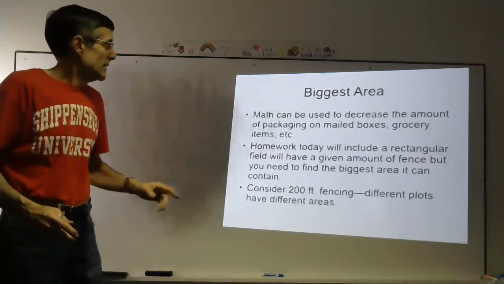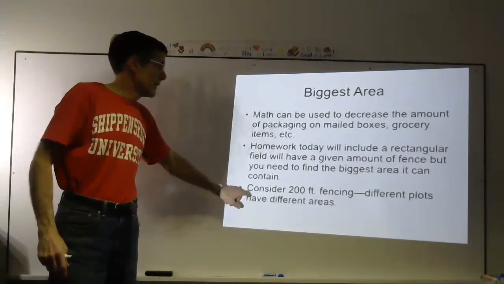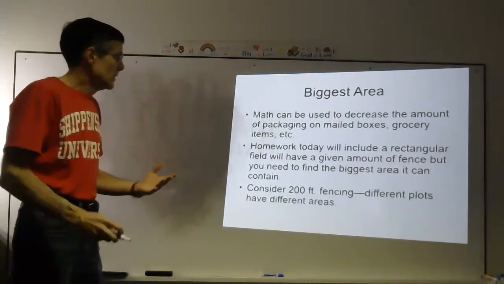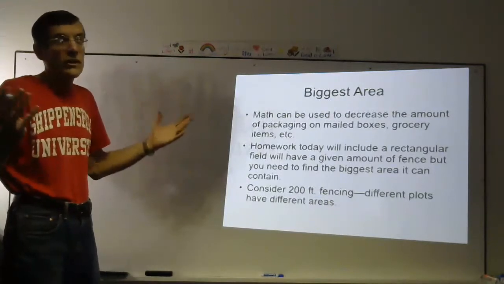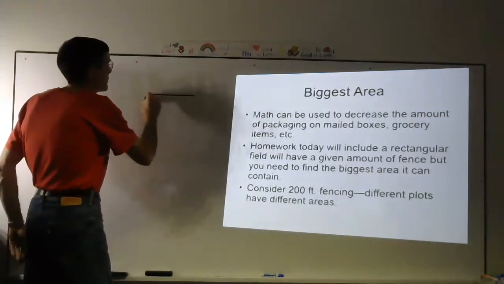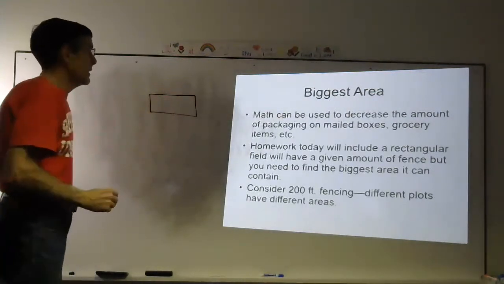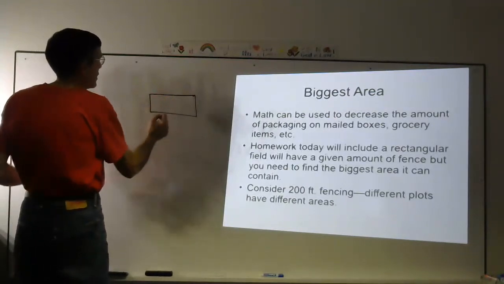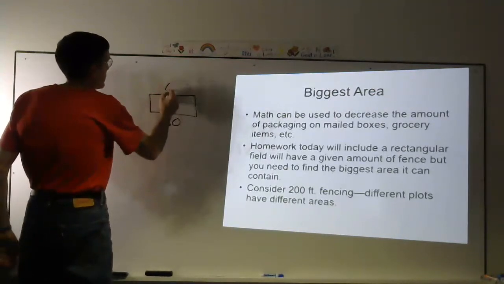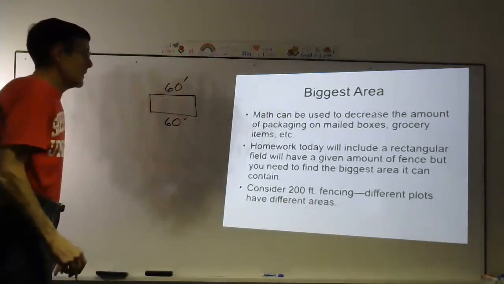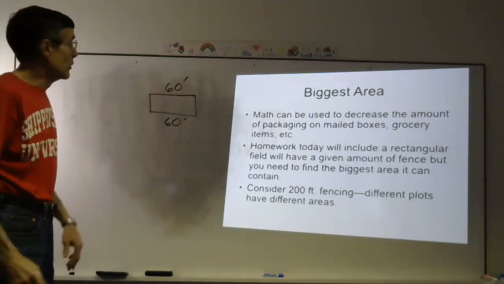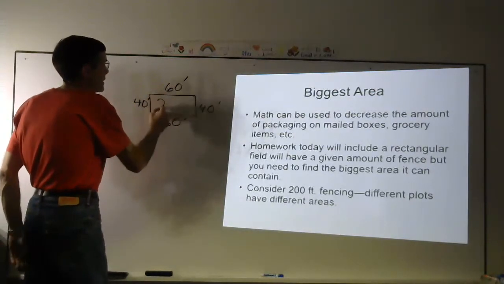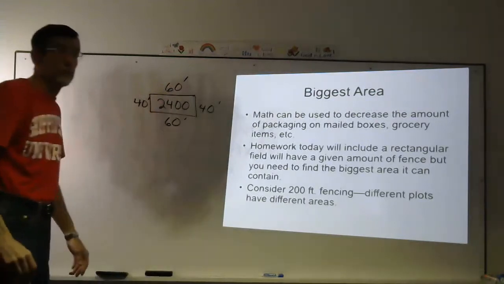And you can do that. Now, what we're going to talk about a little today in your homework, I'm going to give you 200 feet of fencing. Different plots would have different areas, just like the can. For instance, how about if you had a rectangular fenced-in area that was 60 on a side? 60 here, 60 here. That leaves you with 80 left over. 40 here, 40 here, area 2,400 square feet.